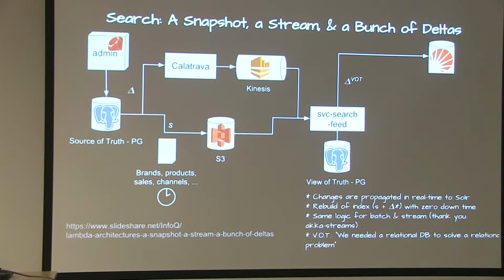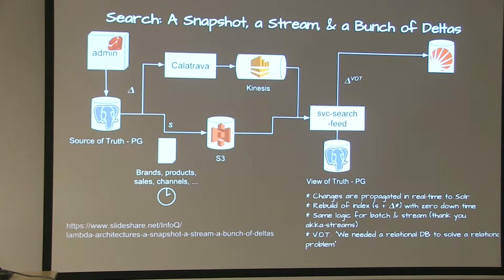We only changed the sources, basically. The problem is that we had to introduce this source of truth that often was cause of slowness because it was a database. We had to optimize it pretty often.